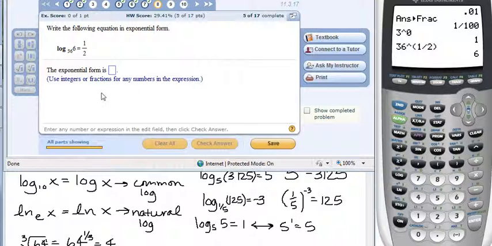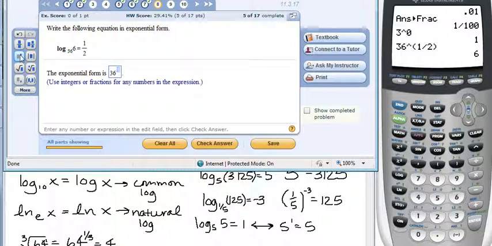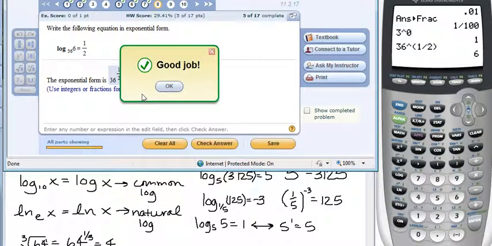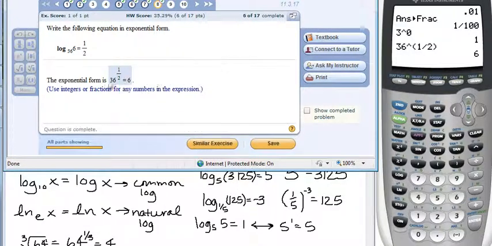Okay, so that's what you would put in here. Okay, 36 raised to the 1/2 power is equal to 6, right? Good job. Okay, so you have to put the whole thing in there.